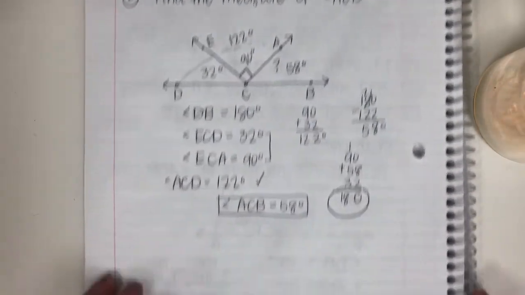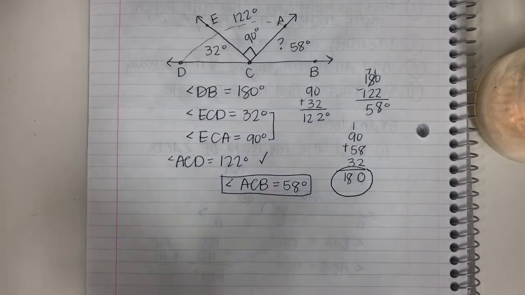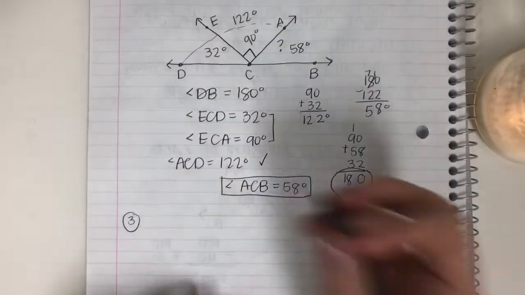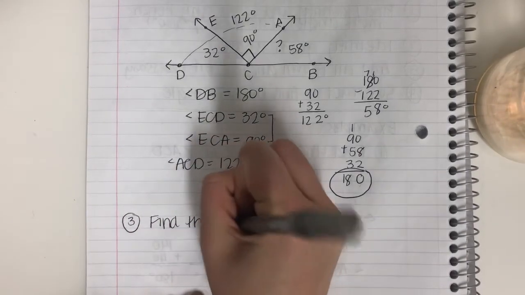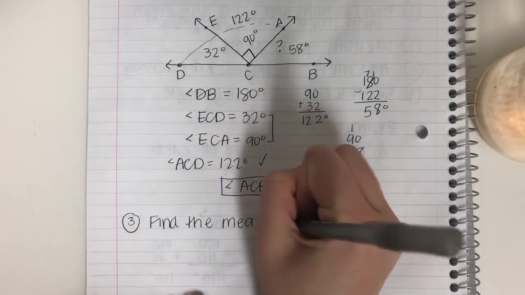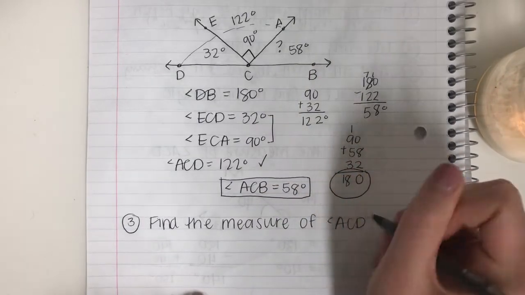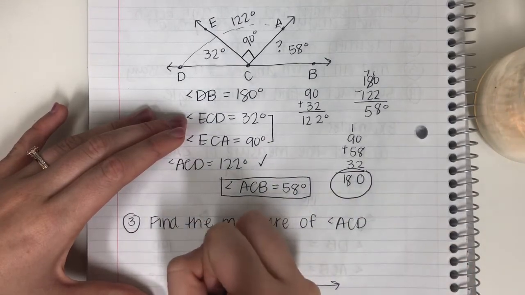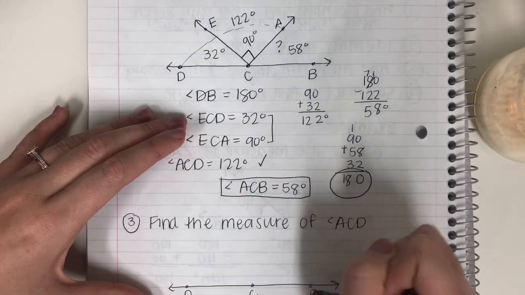Okay, I'm going to give you one to work on tonight. So we'll do find the measure of ACD, and I'm going to give you DCB.